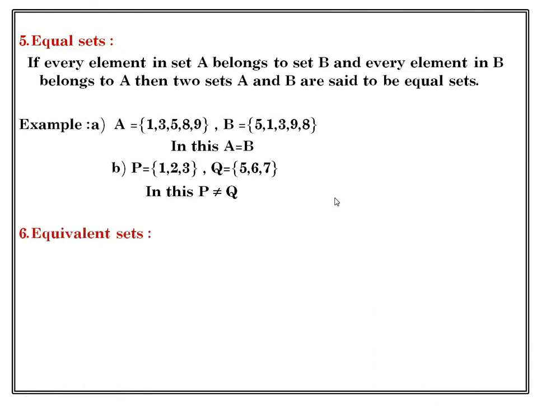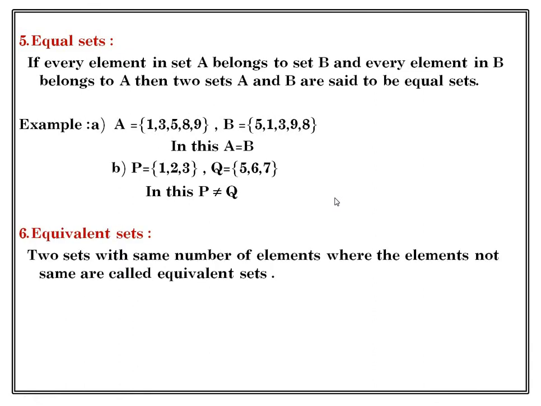Next one, equivalent sets. Two sets with the same number of elements, where the elements are not the same, are called equivalent sets. That means the number of elements will be equal, but those elements need not be the same. Example: set P = {1, 2, 3} and set Q = {5, 6, 7}.